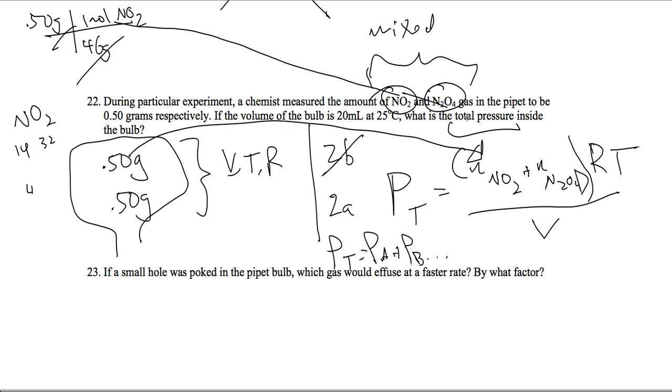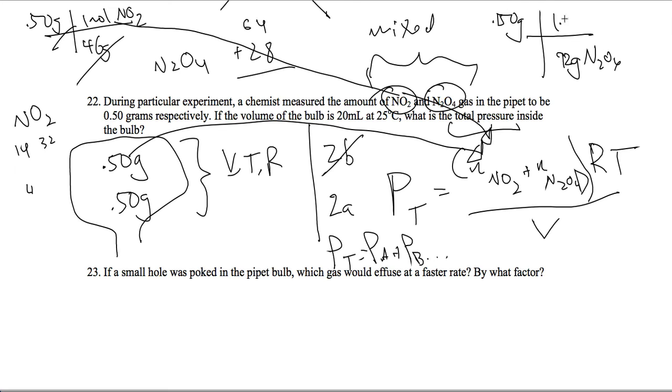That's going to be what goes right there. And for 0.50 grams N2O4, 4 times 16 is 64, plus 28 is 92. 92 grams of N2O4 for every 1 mole. And that is going to go there.